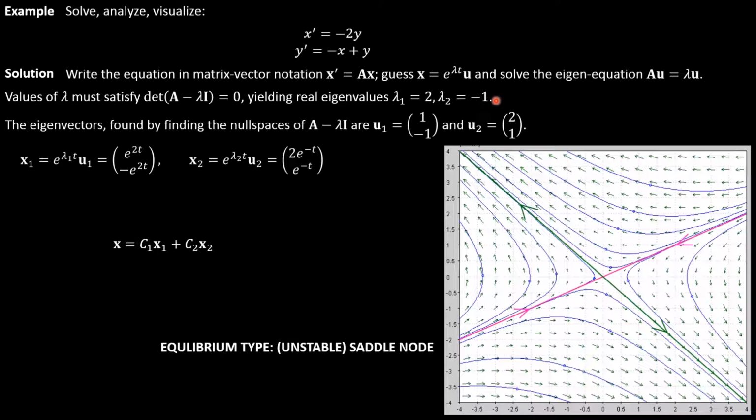And they correspond to solutions going toward the origin along one eigenvector and away from the origin along another eigenvector. And so what you have looks like the contour map for a saddle surface. If you took Calc 3, you know what I'm talking about, otherwise don't worry about it. But this looks like the contour map of a saddle, and that's why it's called a saddle node.